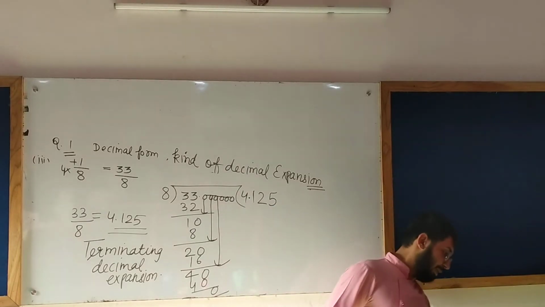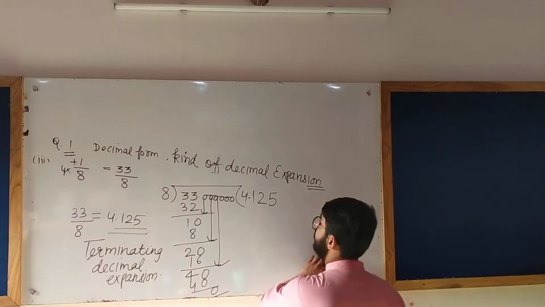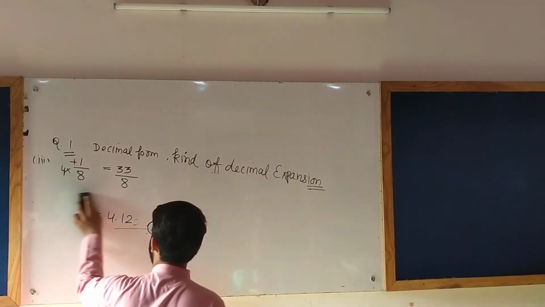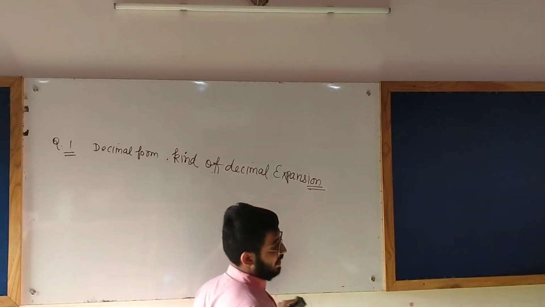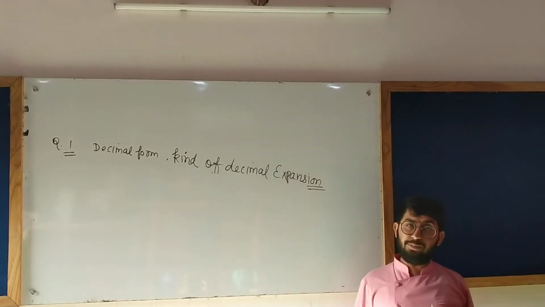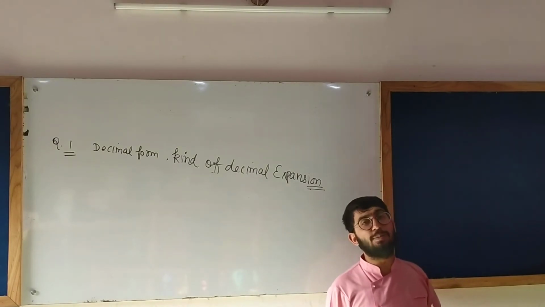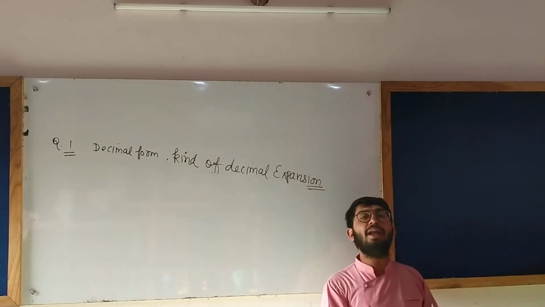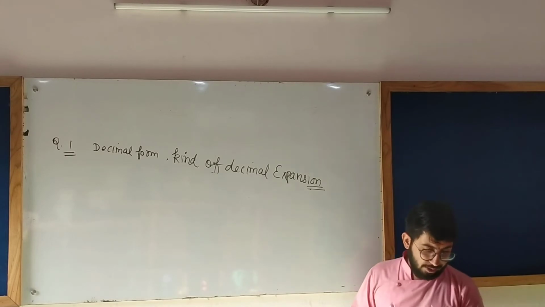Hope you have understood this part. Till now we have learned two types of decimal expansion: terminating, and non-terminating but repeating, because the numbers are rational numbers.